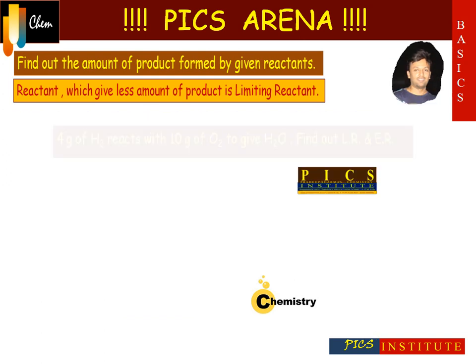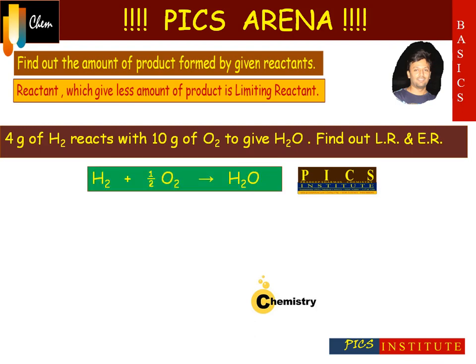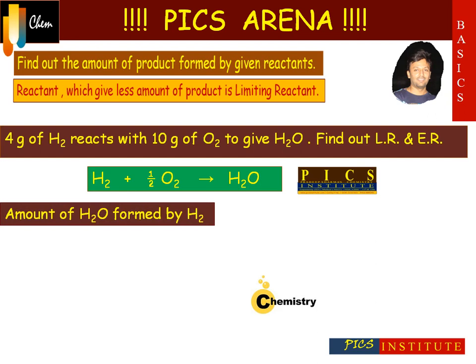Second example: 4 gram of hydrogen reacts with 10 grams of O2 to give water. So the first step is to write the reaction, and it should be balanced. Now find out the amount of H2O formed by the given amount of H2. Remember, the amount of H2 given is 4 gram.